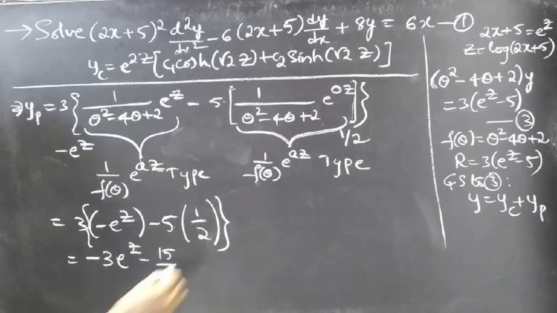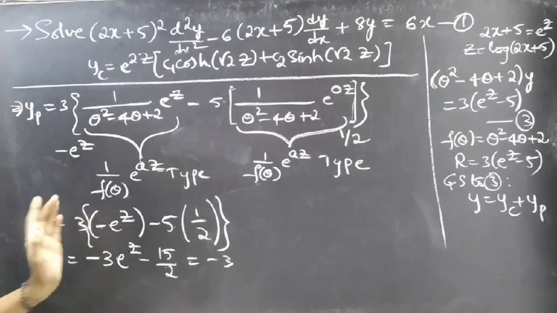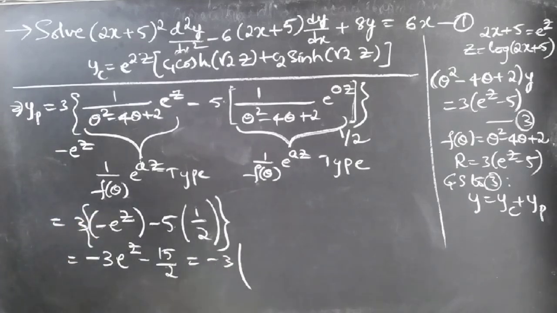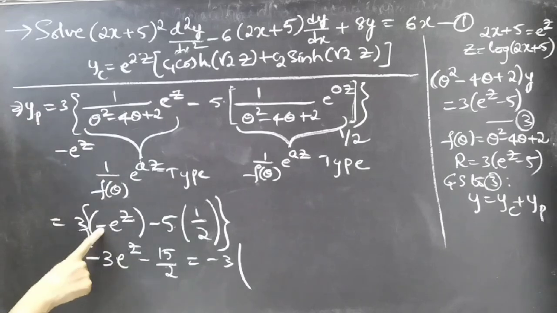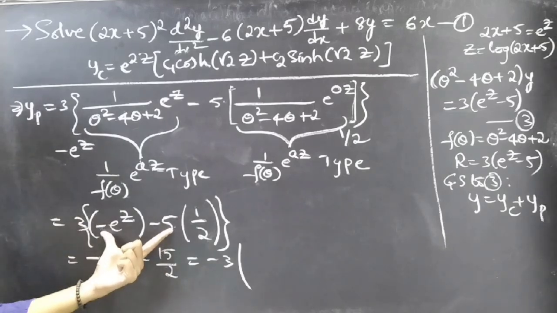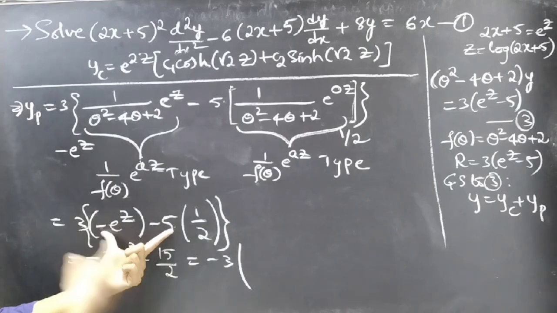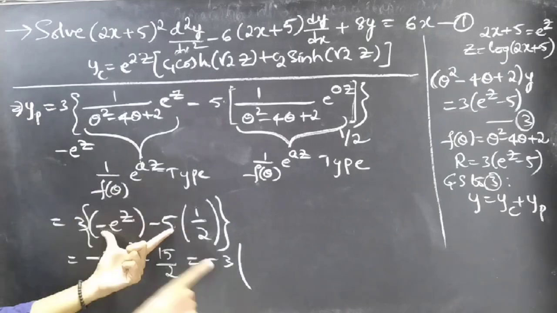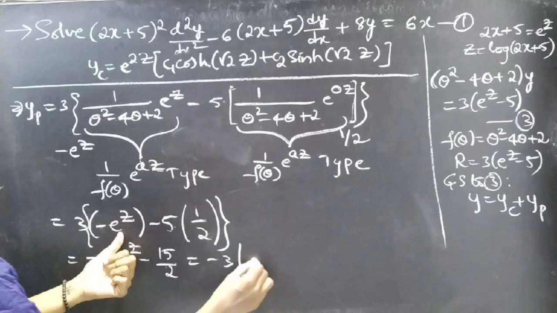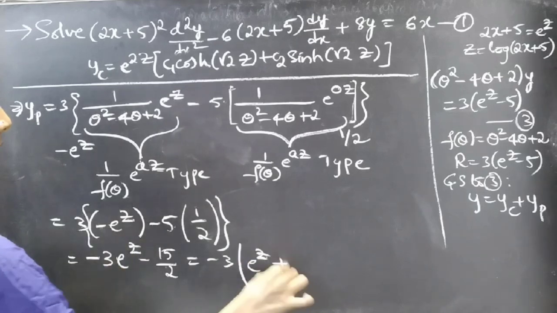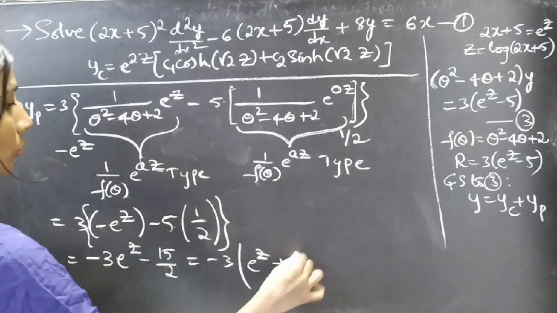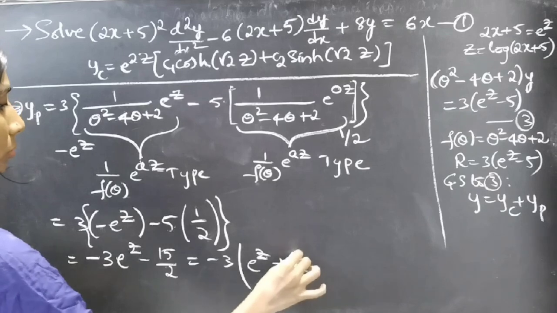Or you can just write this as minus 3 into, simply take minus 3 common, or just take minus common from these two terms. Since you already have 3 here, you'll get minus 3 into e power z plus 5 into 1 by 2, which is 5 by 2.